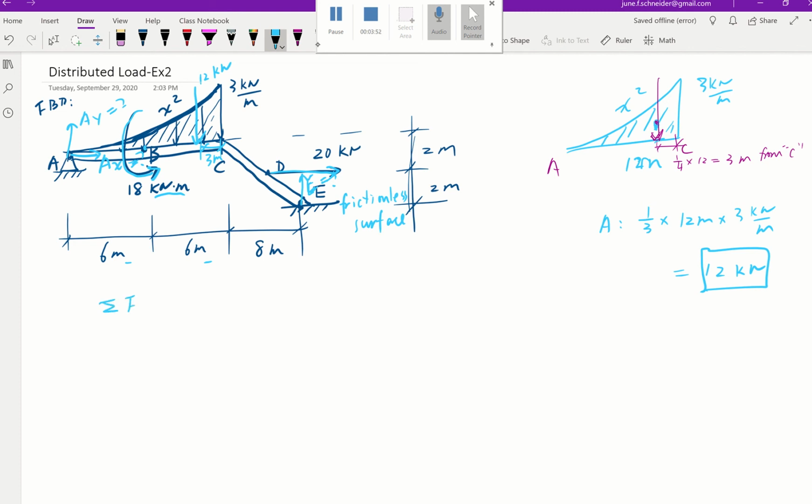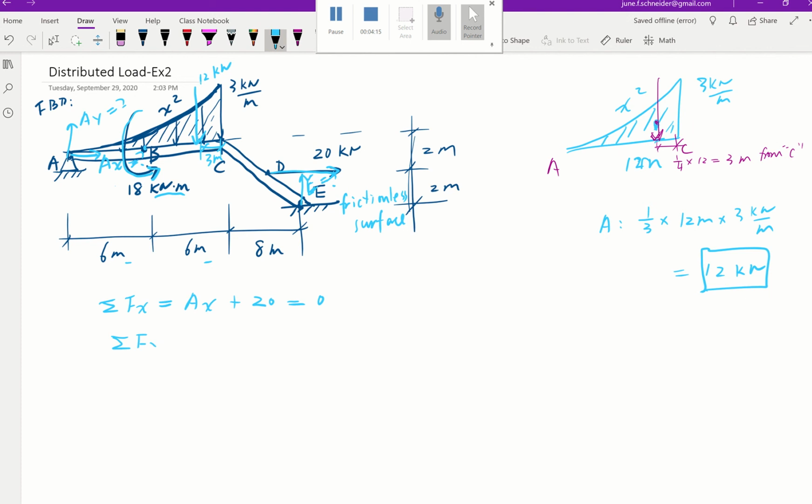Forces in the X direction. What do we have here? We have AX in the X direction, and we'll have the force at D, which is 20 kilonewton to the right, plus 20. That equals 0.